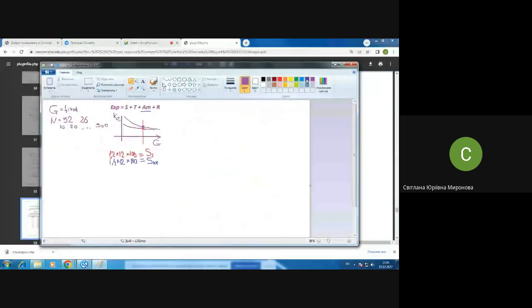So let's imagine that we know, now it's another diagram, completely another diagram. Now I'm talking about the expenses. These expenses depend on the program.